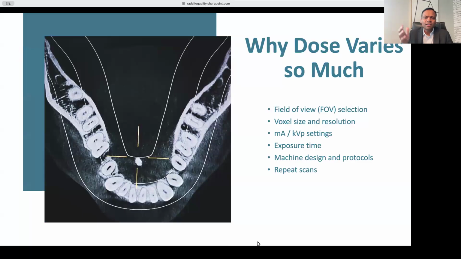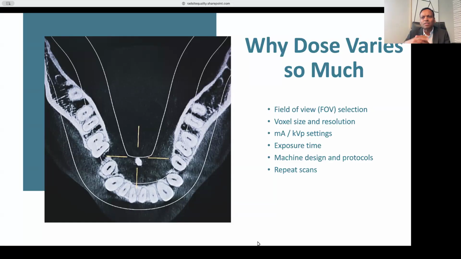Yeah. Of all the modalities we were talking about, cone beam CT probably has the most variability because of the thin beam, the focus of the radiation into a small confined area in the patient. I would say the most important factor that affects it would be the field of view, which is why different manufacturers have preset fields of view for different types of exams, like a whole mouth versus a section of a mouth.